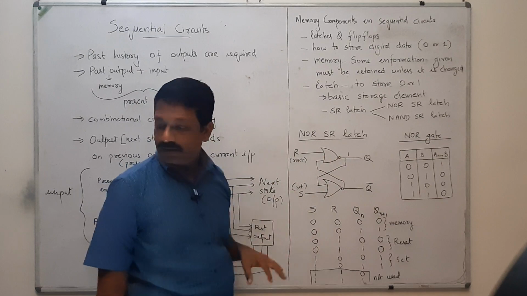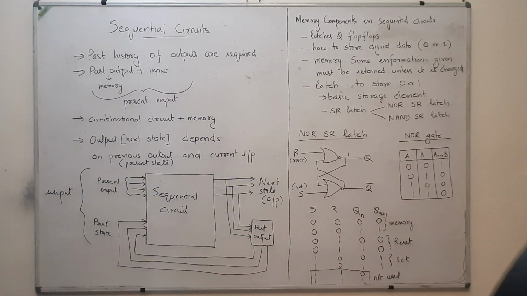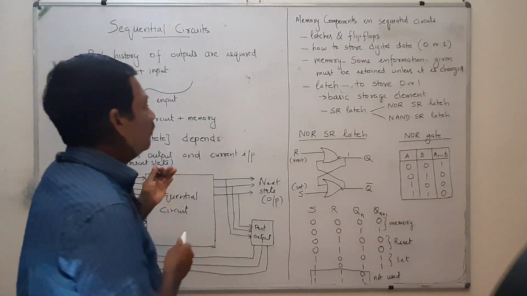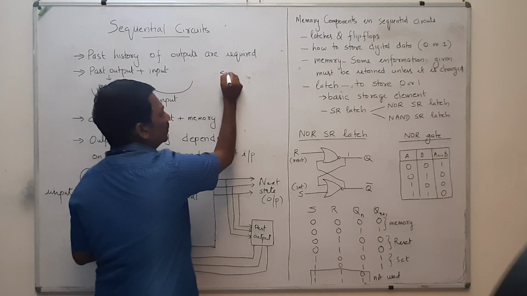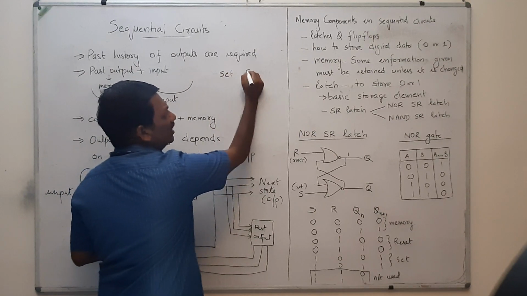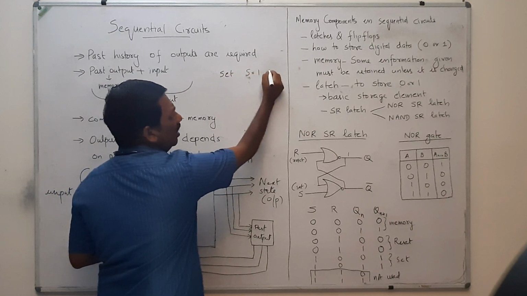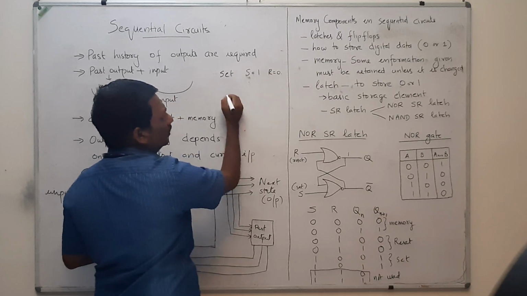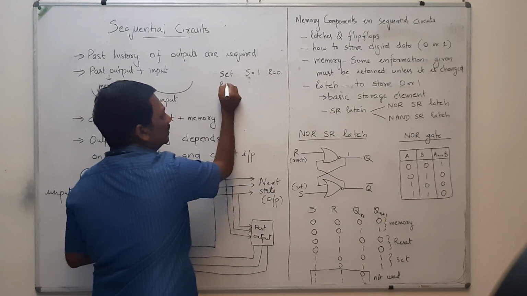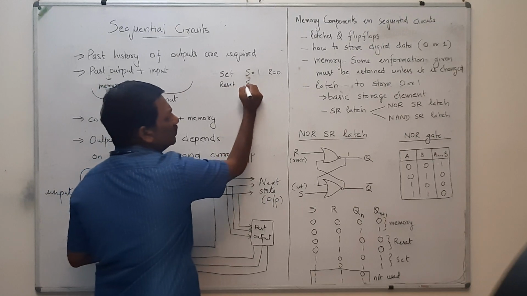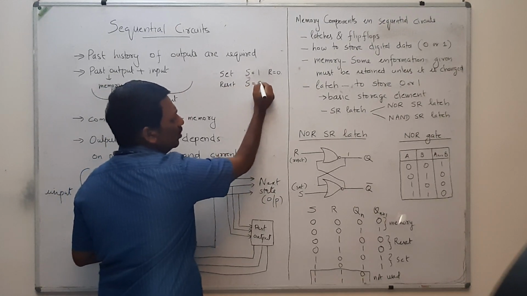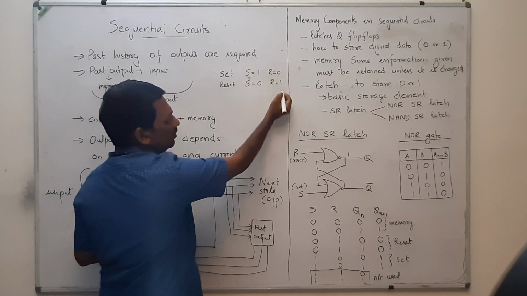Set-reset means if you want to set, then S will be 1 and R equal to 0. If you want to reset, then the set pin will be 0 and reset should be 1.